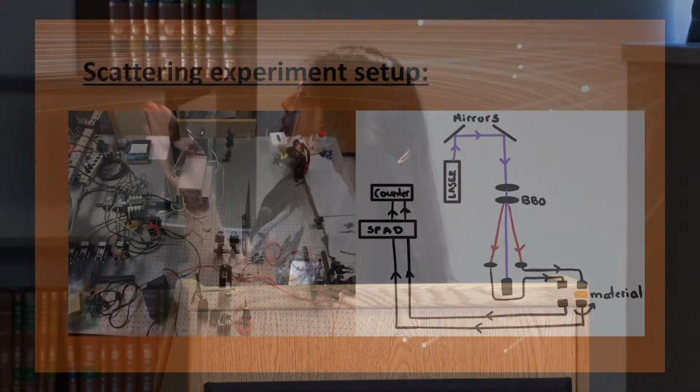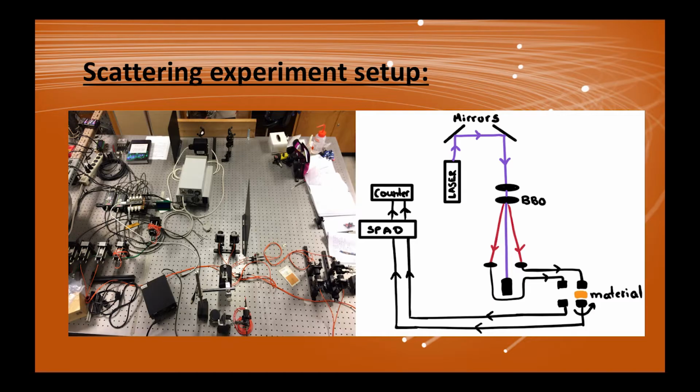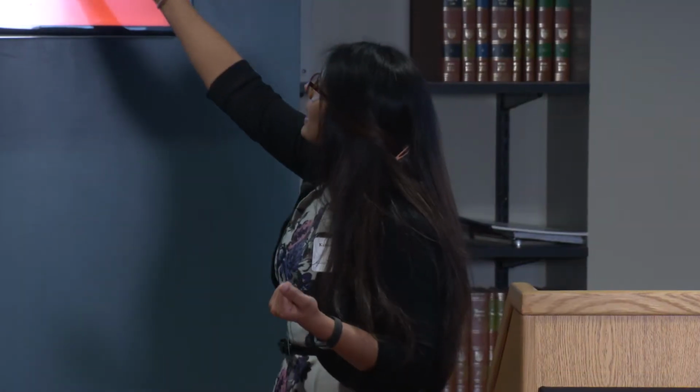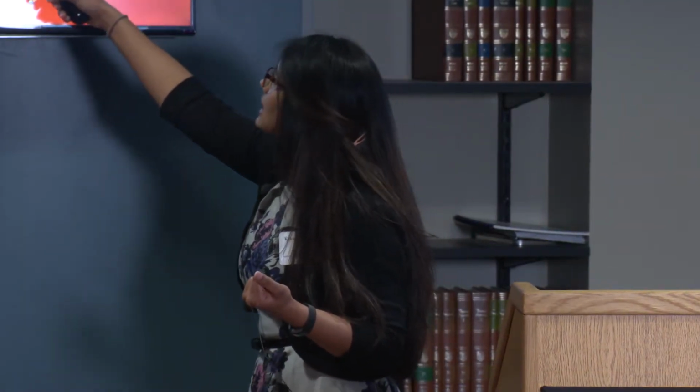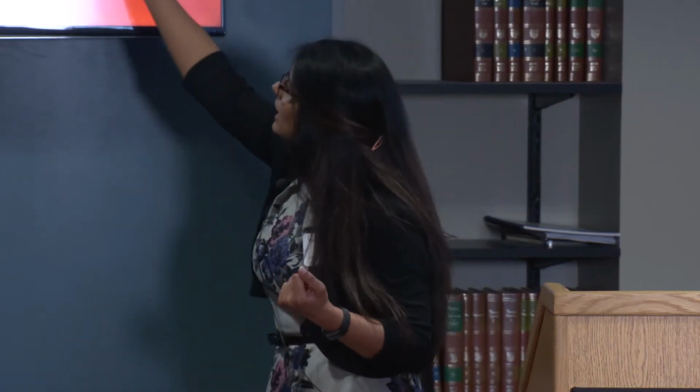Now that's my experimental setup, and on the left is the actual picture. And 2 years ago, that table was empty. So that's where I've come up to till now, building all that. Now, if we look at this one, which is more clear, my light is going from the laser, through the BBO, and to the detectors. Up till here, everything is the same as the previous ones.